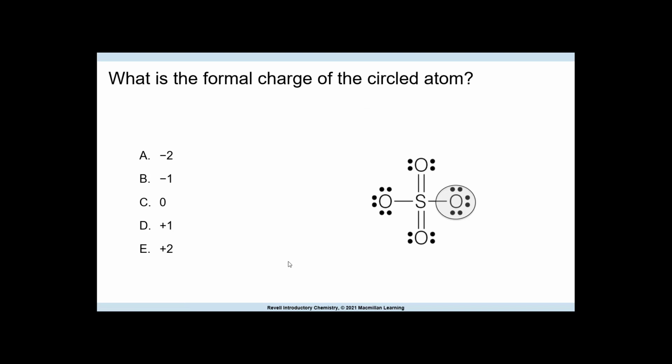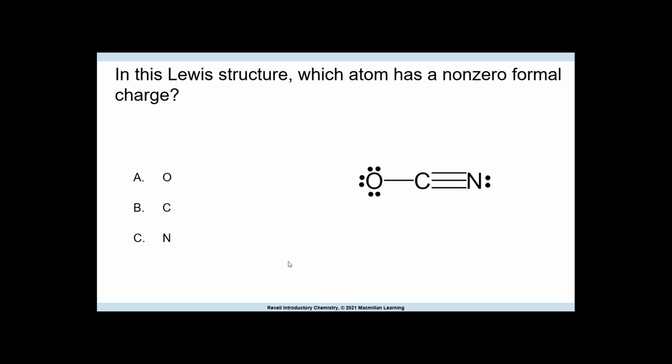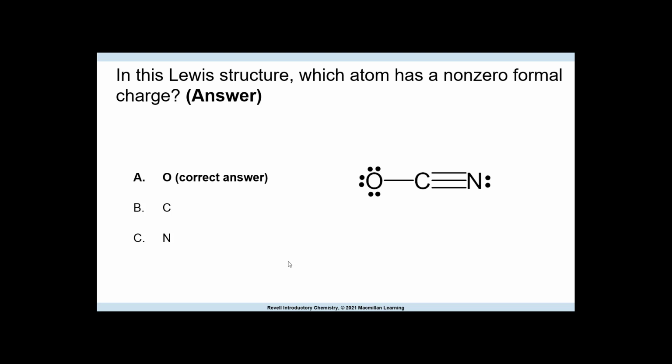What is the formal charge on the circled atom? In general, if you start doing these enough, you won't even have to do the formal charges on some of these atoms because you see them so much. This one is a -1. In this Lewis structure, which atom has a non-zero formal charge? In this case, you would have to go through each atom and determine it.